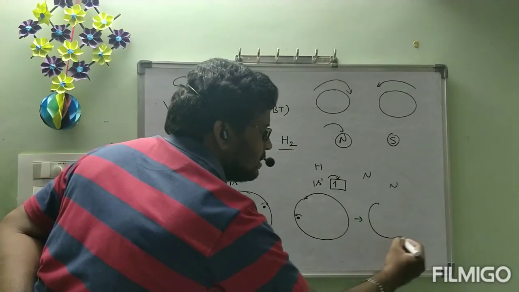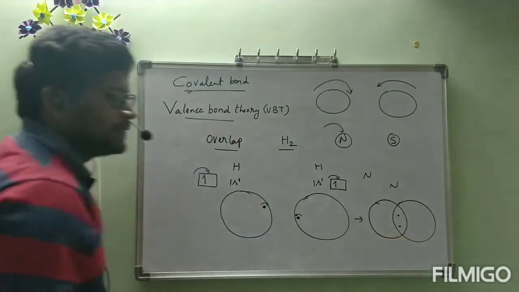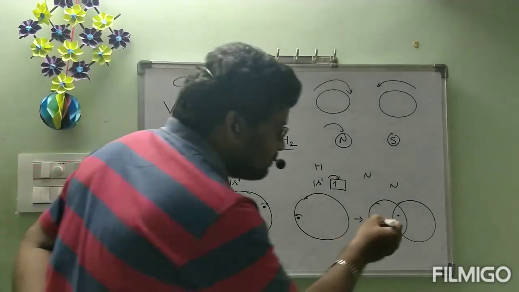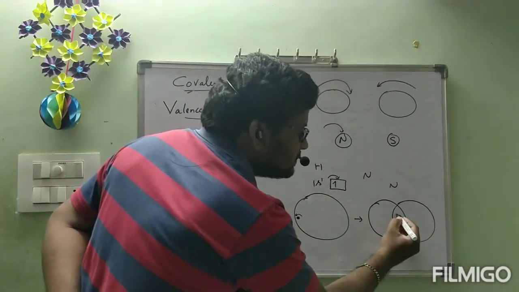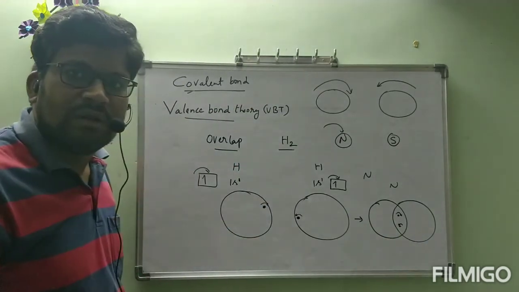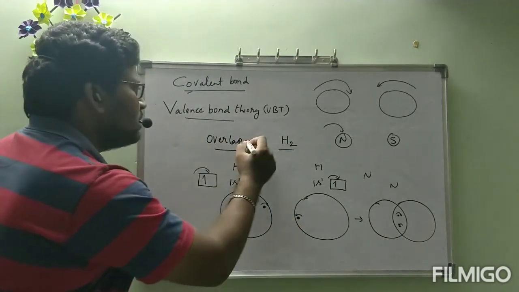Resulting in bond formation. Even in a bond pair, one electron spins in clockwise direction and the other spins in anti-clockwise direction. That combination of atomic orbitals is called overlap.